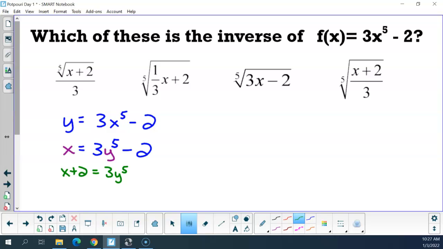We're going to divide by 3 first. And now we're going to take the fifth root. Okay?